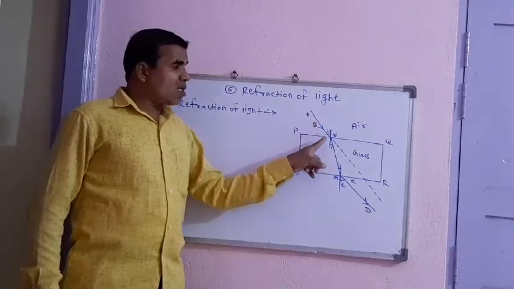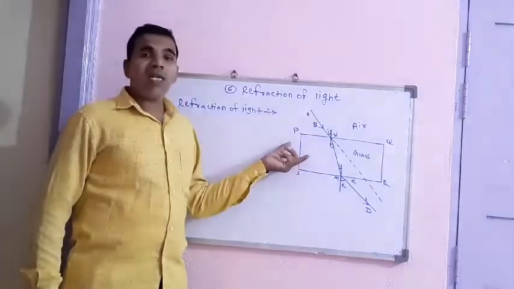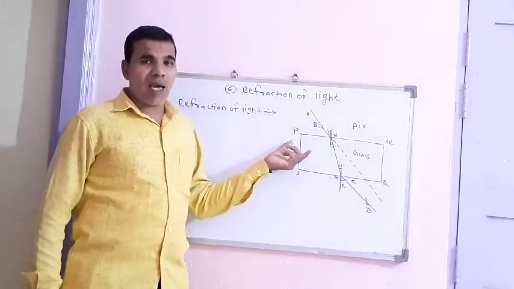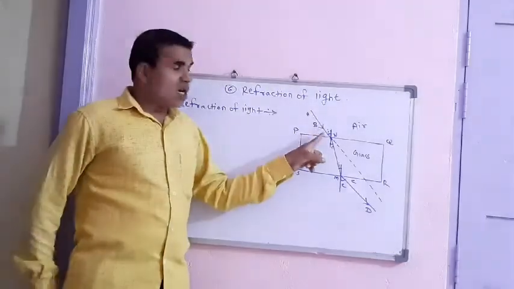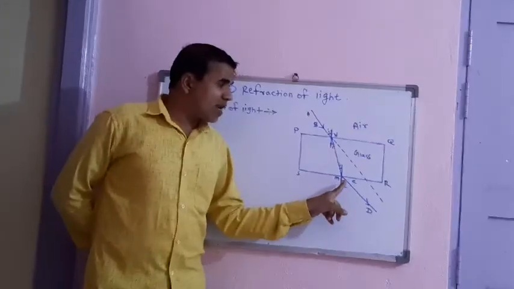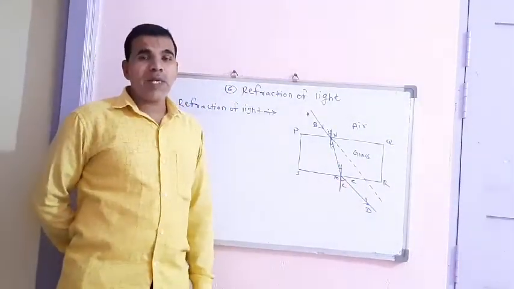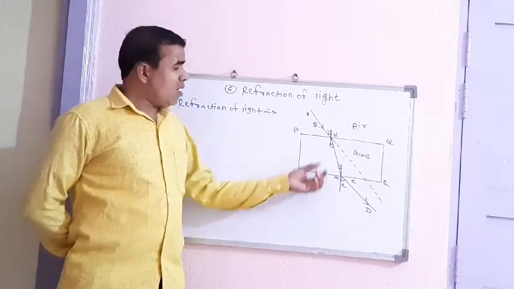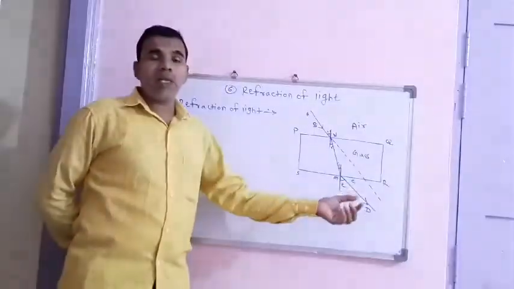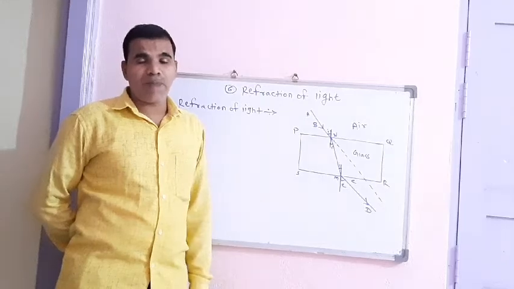Ray AB enters into the glass, a glass slab. When the incident ray enters into the glass, it changes its direction and emerges from the glass. These rays are said to be refracted rays.